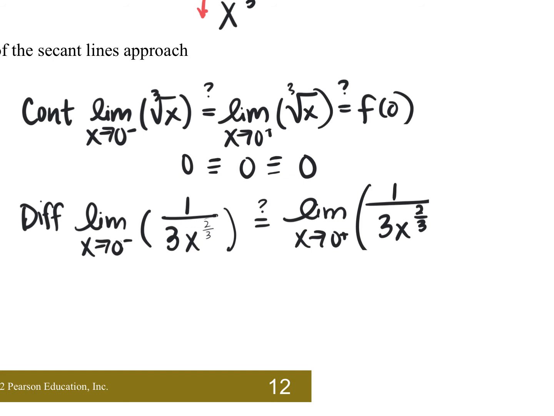When I put 0 minus into this equation right here, and I've got x to the 2/3, what does the 2 tell me to do? Square it. And what does the 3 tell me to do? Cube root it. What should you do first?